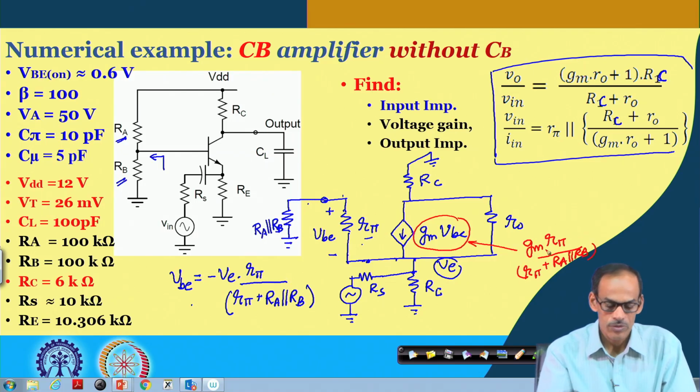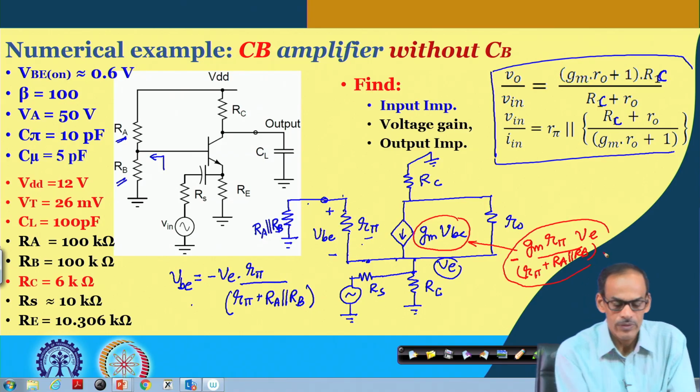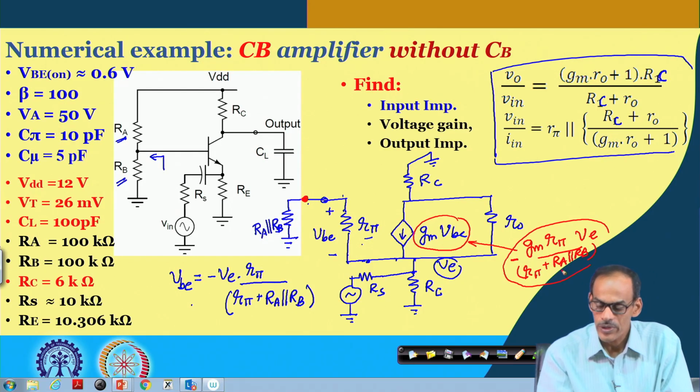And then of course, we do have the emitter voltage VE with a minus sign. Earlier, whenever we were having a capacitor at this node, we had considered this R A parallel R B to be 0, and then we considered this current to be minus GM into VE, which means, okay, so this is the output voltage.